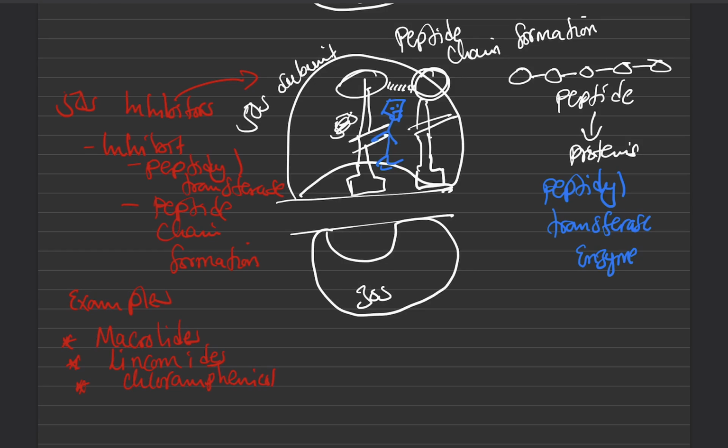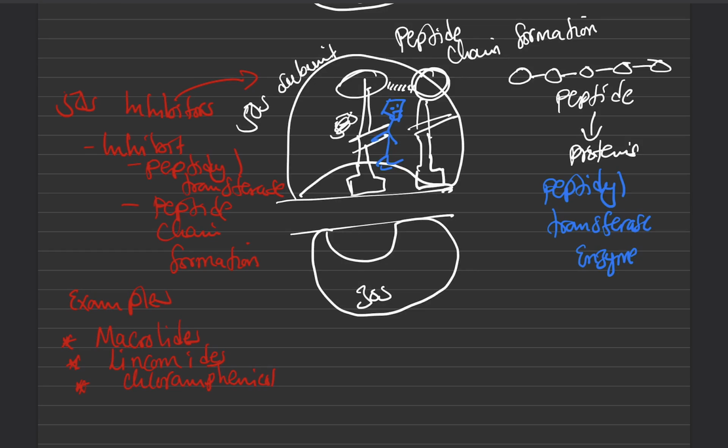When there is misreading, we expect an incorrect, nonfunctional protein to be formed. So 30S is responsible for reading, proofreading, and confirming that really the transfer RNA that has come is correct.